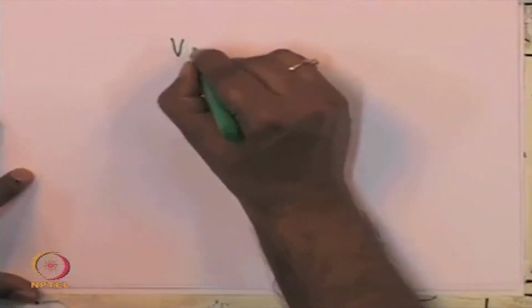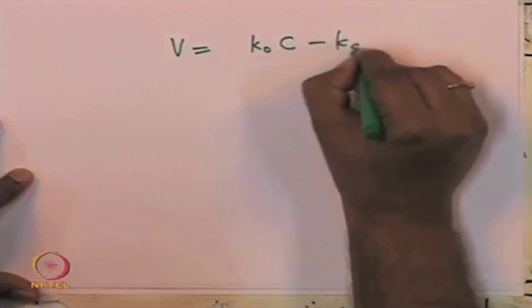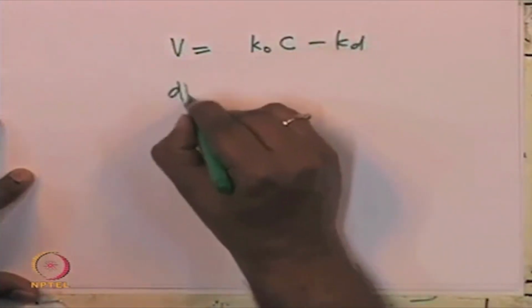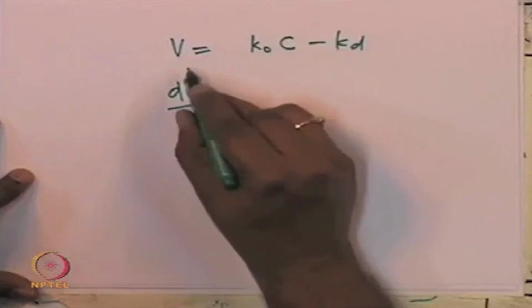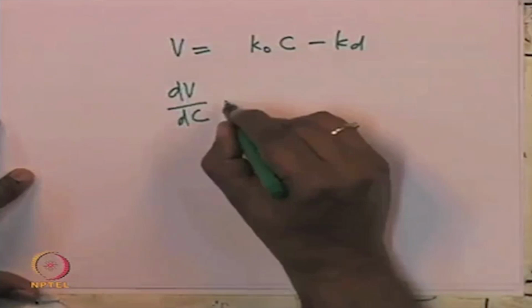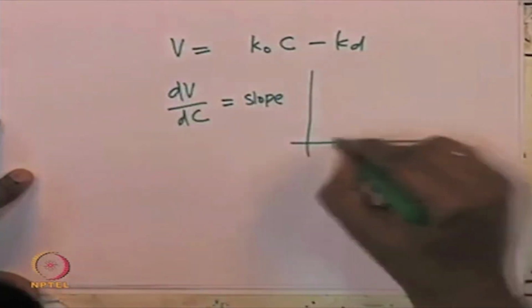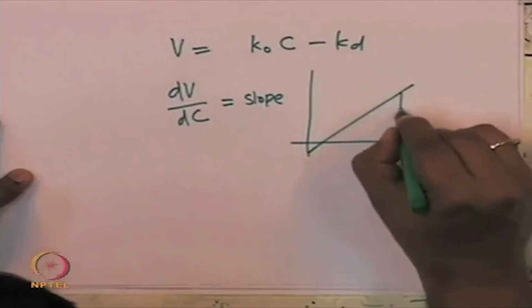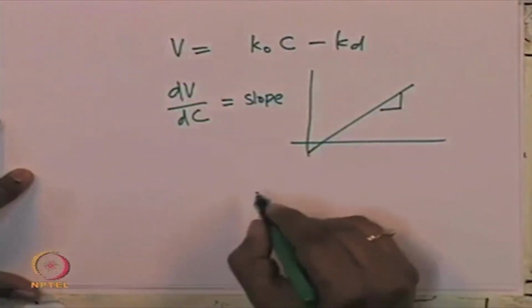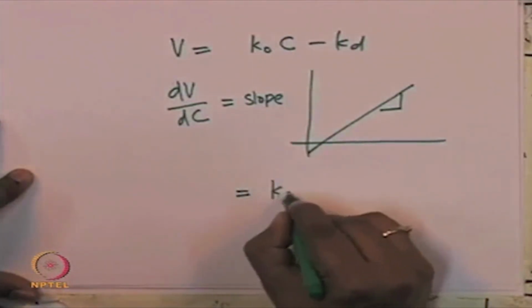The bottom line is velocity is K0 times C minus Kd, and dV by dC, the change in velocity when you change the concentration, is nothing but the slope of this curve.